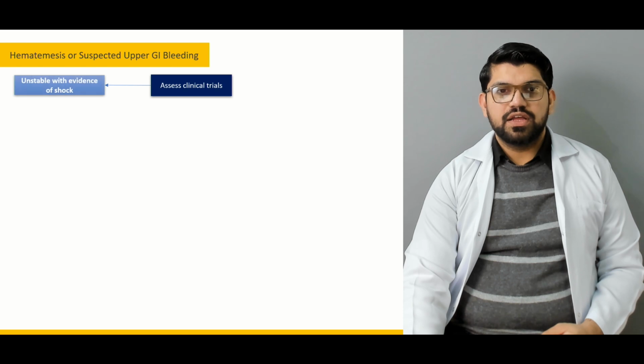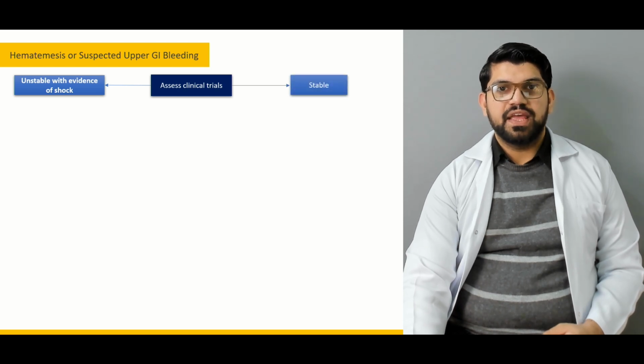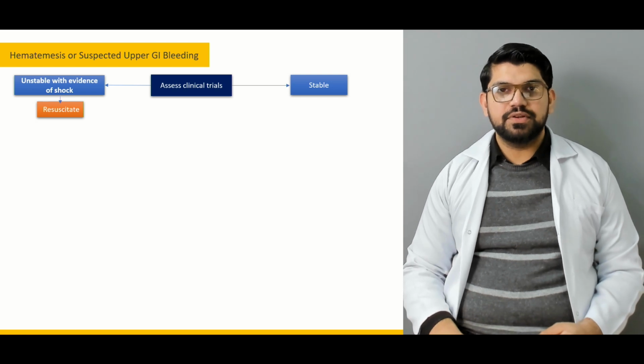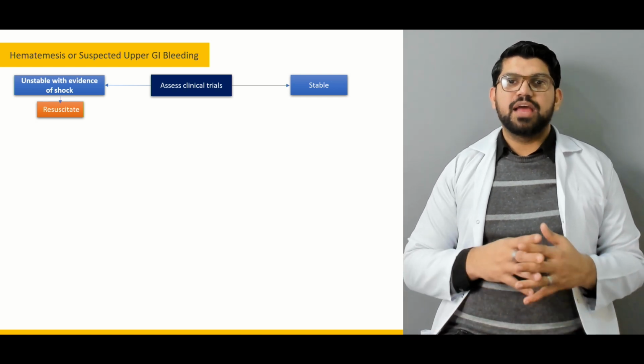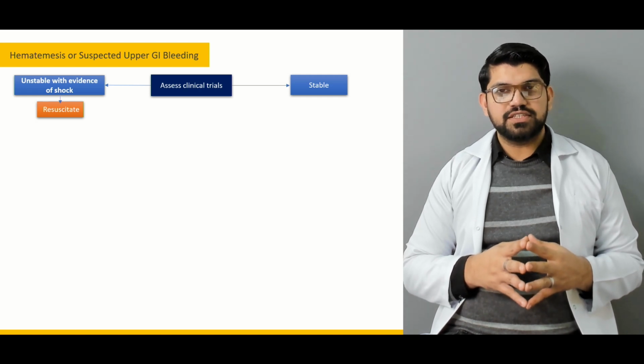Look for stability: unstable with evidence of shock, or the patient is stable. If the patient is unstable, you need to resuscitate. How do you do that? As I mentioned in my previous slide, what are the signs of instability?